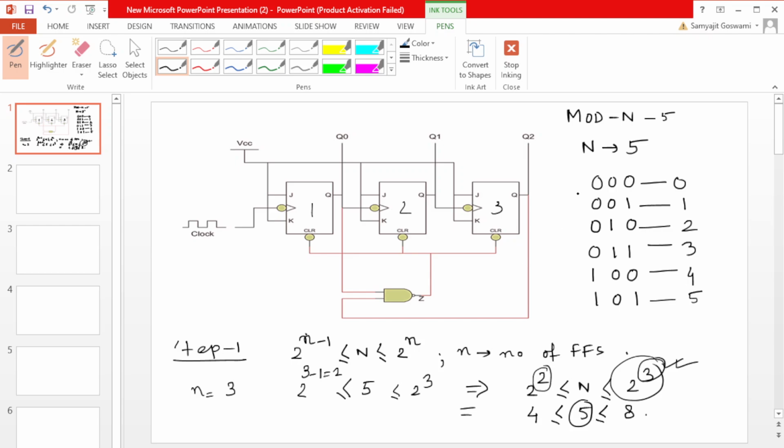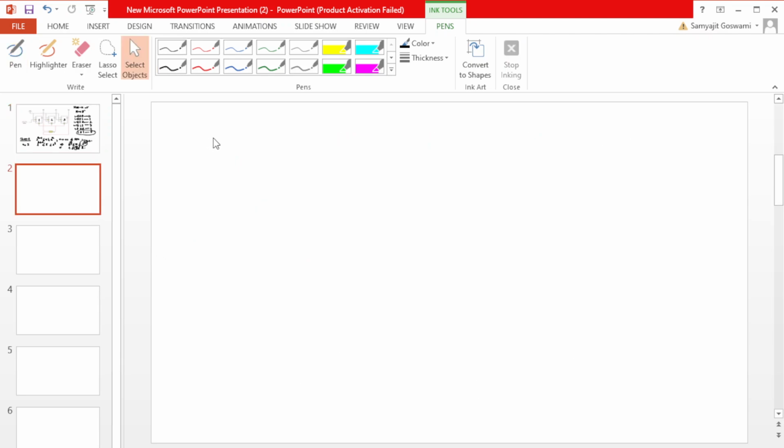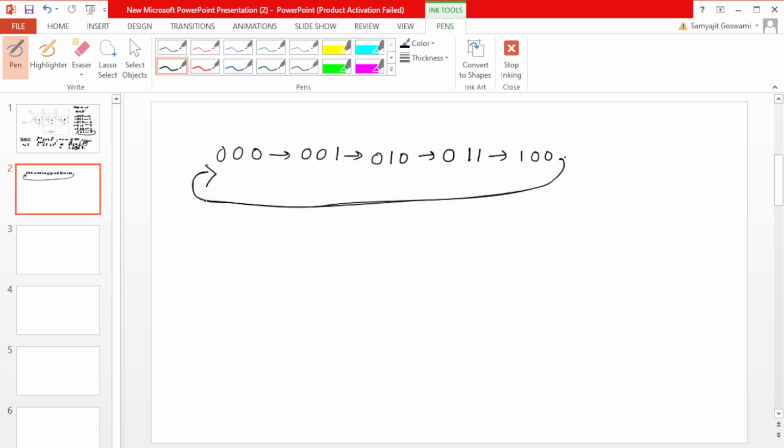Then what will happen here? In the case of a mod 5 counter, the main thing is that it will start from 0 0 0, then 0 0 1, then 0 1 0, then 0 1 1, then 1 0 0, and then again it will come back to 0 0 0.